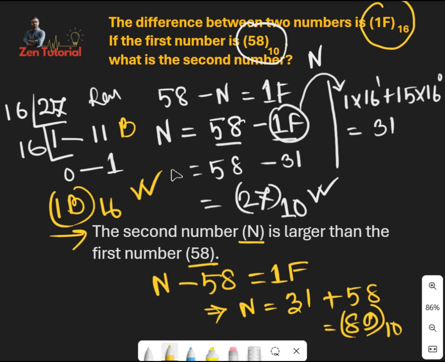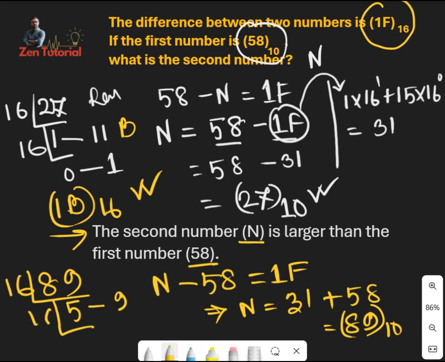Now we have to convert this value into hexadecimal. Indeed, 89 decimal to hexadecimal, 89 divided by 16, 5 times 16 is 80, so this will be 5 and the remainder will be 9, of course.